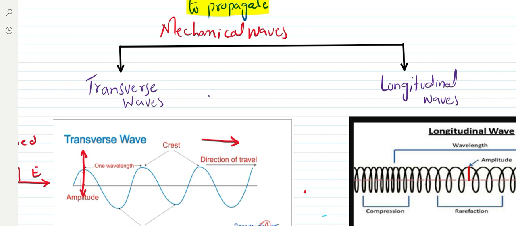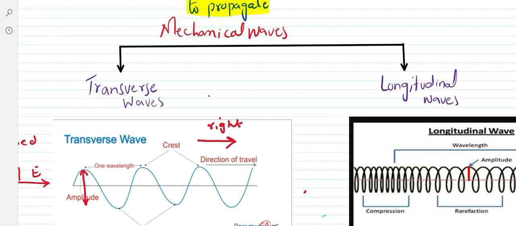First of all, we know that in the mechanical wave there are two basic types, the transverse wave and the longitudinal wave, right? The transverse wave is the one in which if the wave is traveling towards the right hand side direction, the molecules will move up and down.